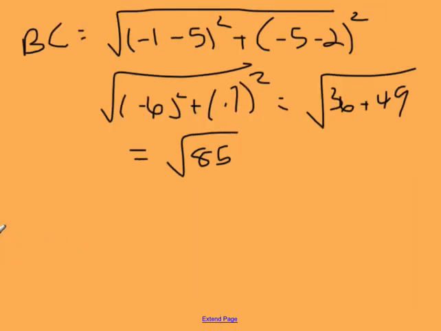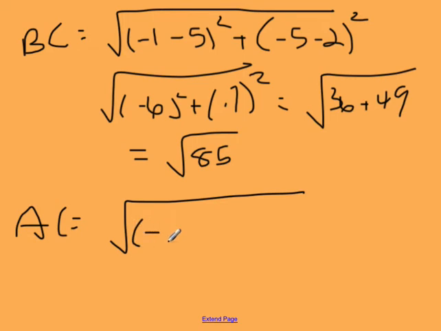So when we do AC, we're going to have AC equal to the square root, and then we're going to do x2 minus x1, that's going to become plus a positive when you subtract off a negative, plus y2 minus y1, and then square it.